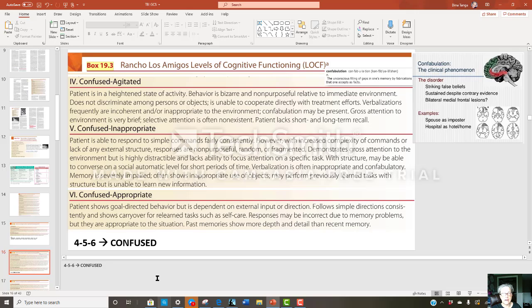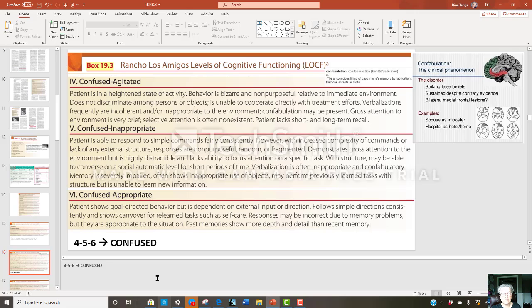Okay, so the patient says, I want to get up and go to the bathroom, but is dependent on external input or direction. So it's dependent on how he or she does that.